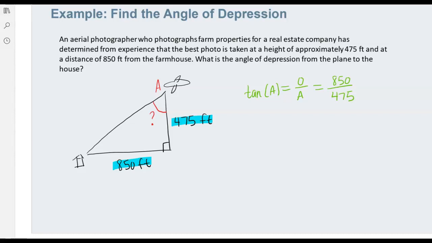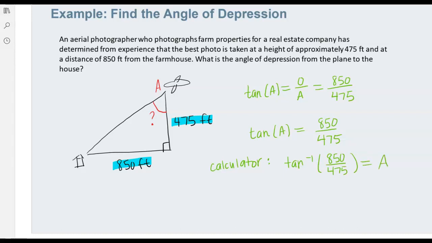We were working on problems like this in class on Tuesday. When we want to find the tangent of a particular angle and we know what the value of it is, we use the inverse function. So in the calculator, we will enter tangent inverse 850 over 475, and we want to get back what angle A is.